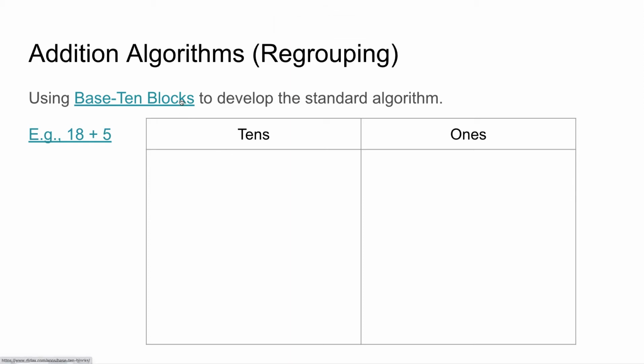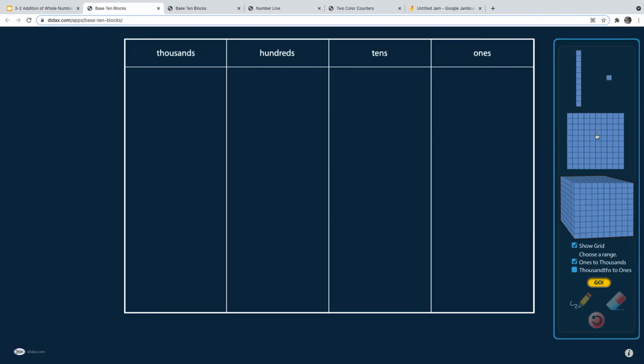So let's try 18 plus 5. Here, 18 plus 5. We can have 10 and 8. Oops, this is not tens place. That's ones. That's hundreds place, right? Okay. So 18, 10 and 8. 1, 2, 3, 4, 5, 6, 7, 8. 18 plus.